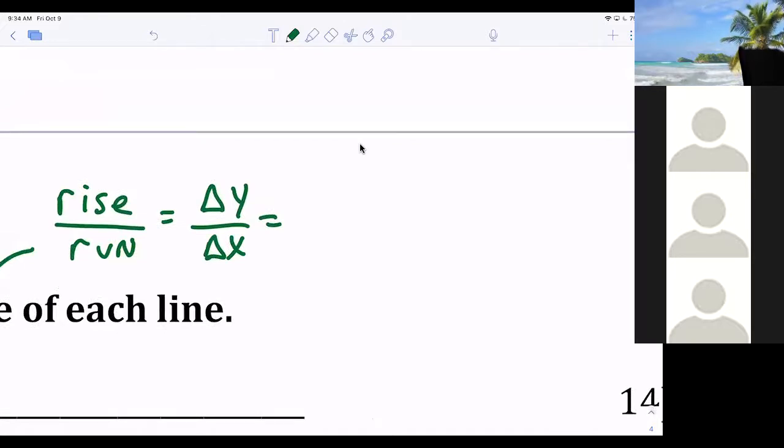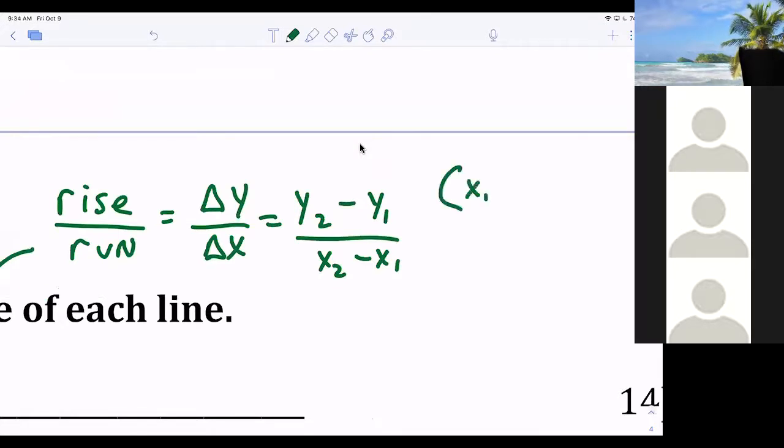So to find the slope, you're going to say y2 minus y1 over x2 minus x1. So whenever you want to find the slope of a line, you will need what? 2 points. All right? Your 2 points are labeled x1 comma y1, and your second point just so happens to be labeled x2 comma what? y2. That's it. All right?